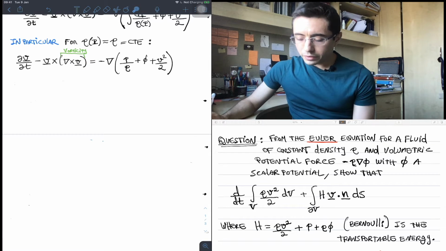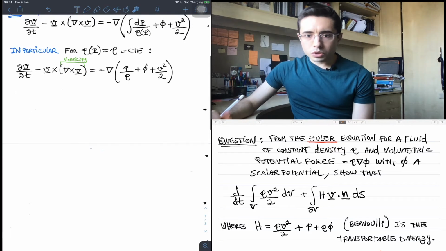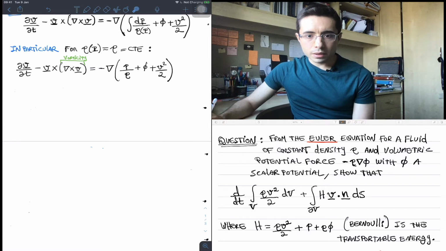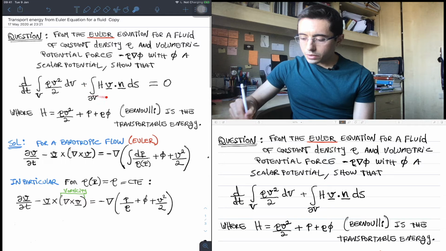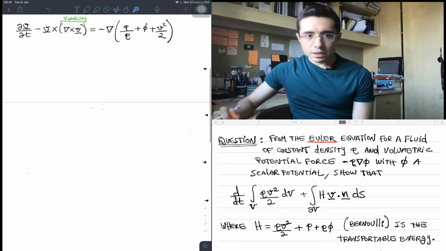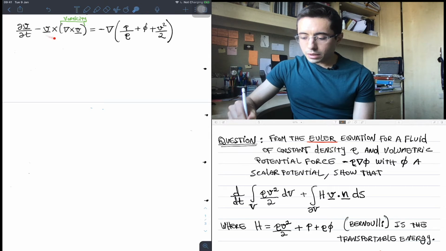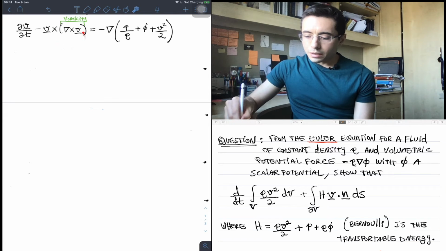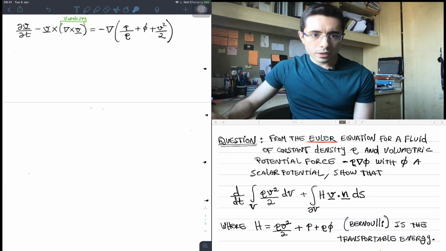All right, so then you have that. You want to prove that identity, that d/dt of something plus this integral on the boundary is equal to 0. As you can see, this term is not there. So one way to prove it is to delete this term. And how can we delete this term?